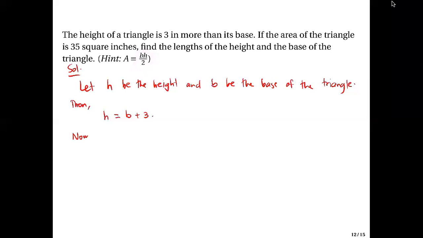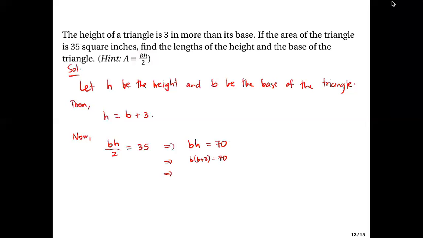So base times height over 2 is equal to 35, which means base times height is equal to 70. You multiply 2 to both sides of the equation. And now we replace h by b plus 3. So we will have b times (b plus 3) equal to 70.